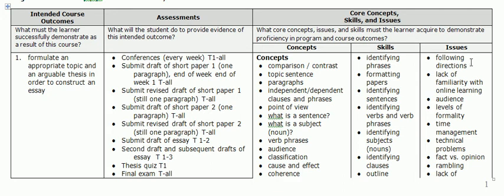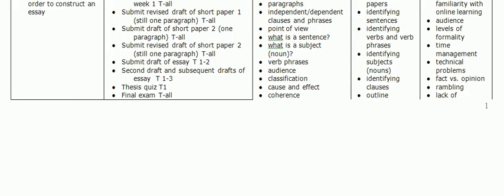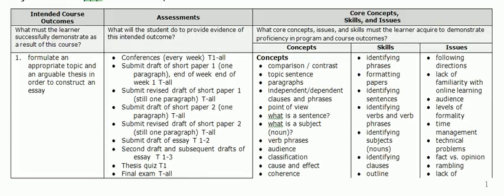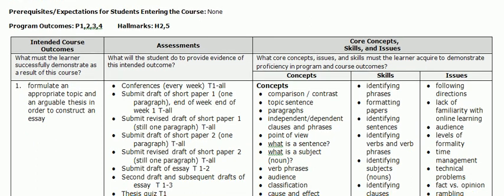And the issues they may deal with are issues of dealing with their level of formality, time management, technical problems, whether they be in the web tyco environment or other, issues of following directions. So concepts, skills, and issues are three items we list in this column. And as you can see, these are listed for all three outcomes. That is how this particular document can be read.